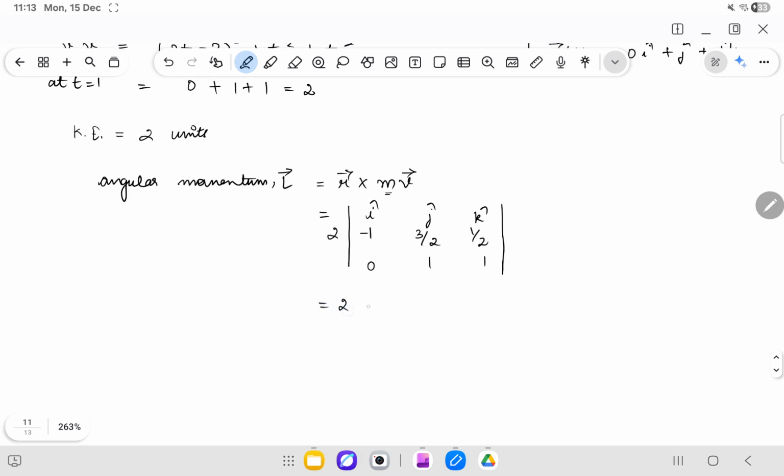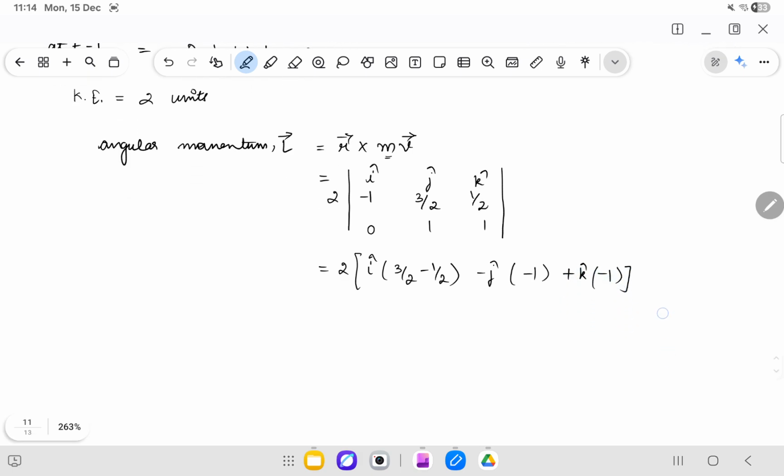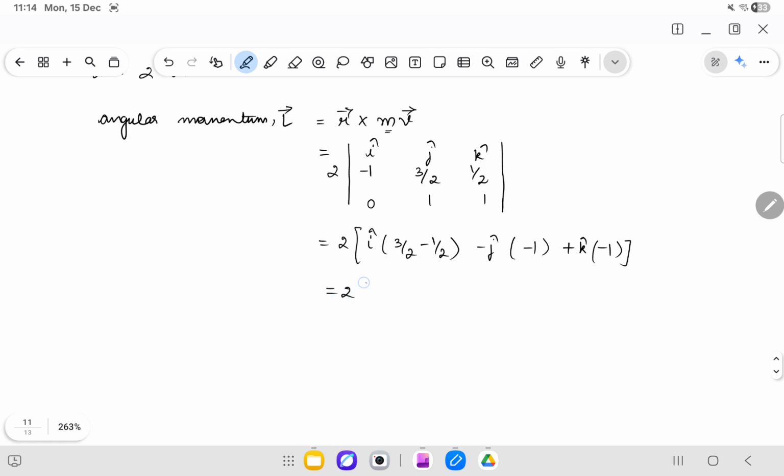So it will be 2 times of i cap (3/2 − 1/2) minus j cap (−1 − 0), plus k cap, which is again −1. So it will be 2 times (i cap + j cap − k cap).